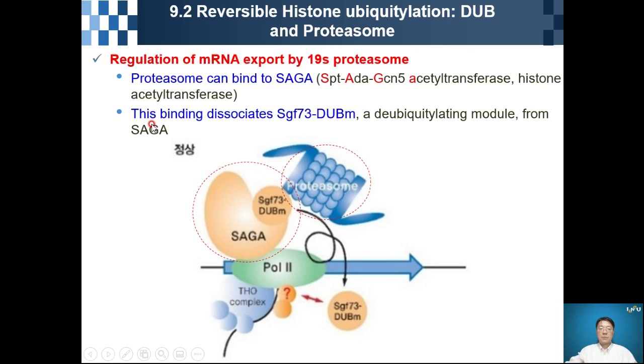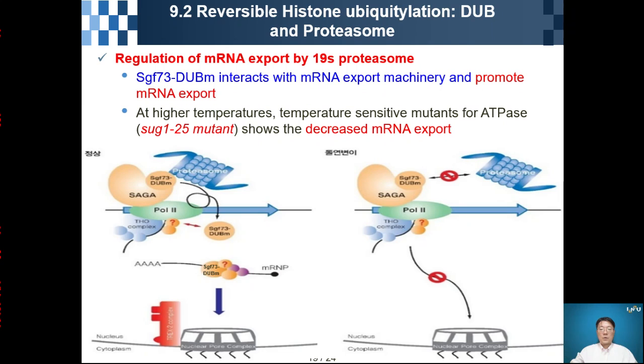So this binding dissociates SGF73 and DUBM from the SAGA complex. After that, the dissociated SGF73 and DUBM can interact with the mRNA export machinery.